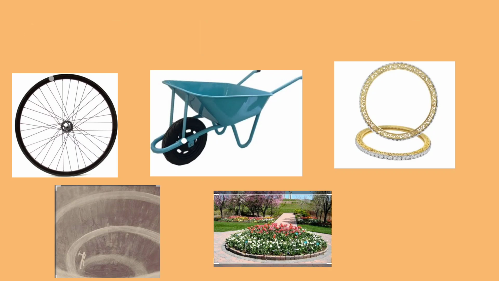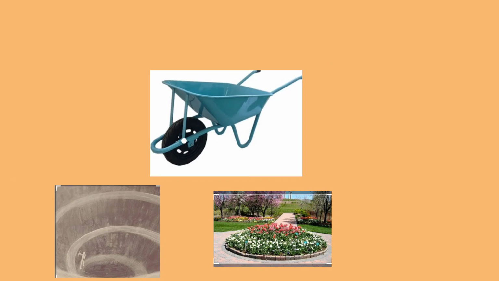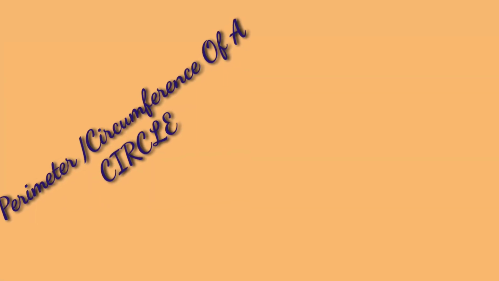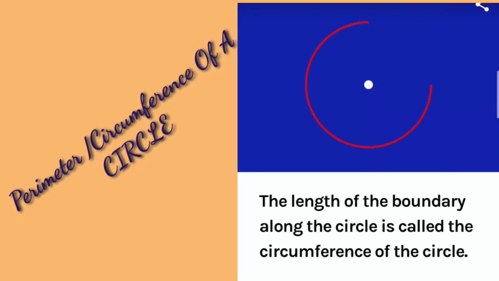In this chapter, we shall begin our discussion with a review of the concept of the perimeter of a circle, which is also called the circumference of a circle. The length of the boundary along the circle is called the circumference of the circle.